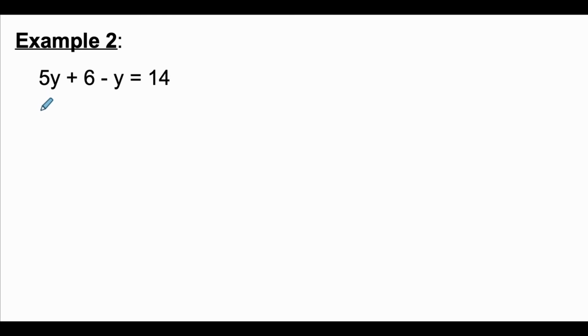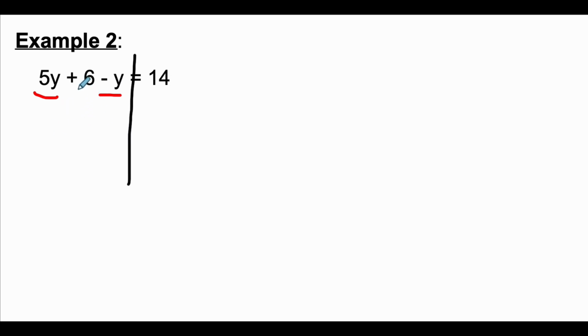What we're telling you is another thing you should be looking for in an equation is, can I simplify one of the sides by combining like terms? And in this case, you can. You've got 5y minus y, and they're both on the left side of the equation.